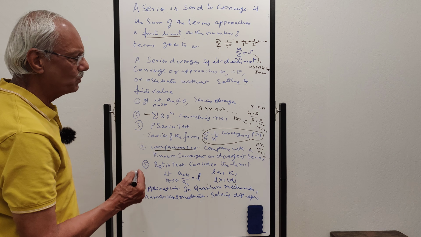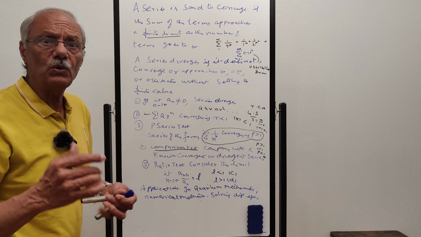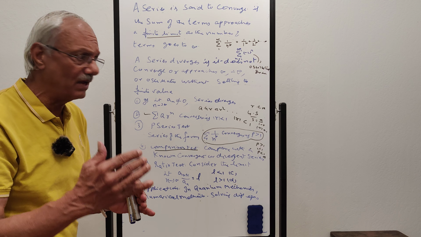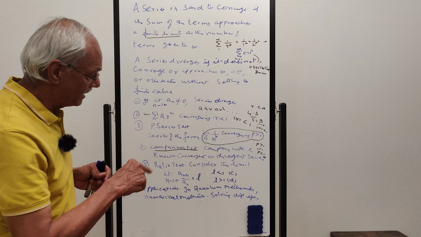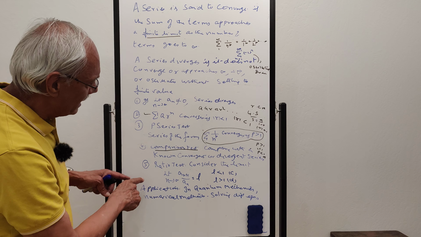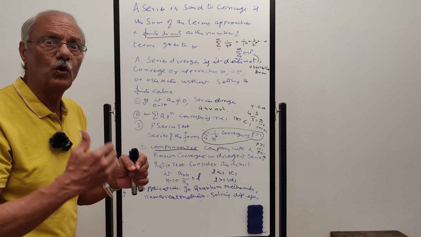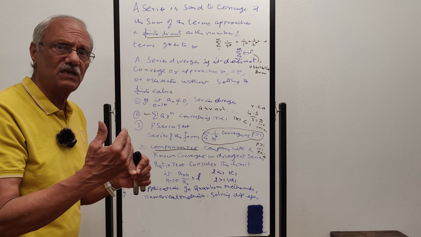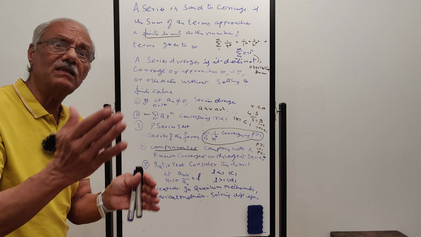That is why we decide whether the series is convergent or divergent. One is using this P series test. Otherwise, you have got what is called the comparison test. In this comparison test, given a series, if you want to decide whether it is convergent or divergent, we compare it with another series.